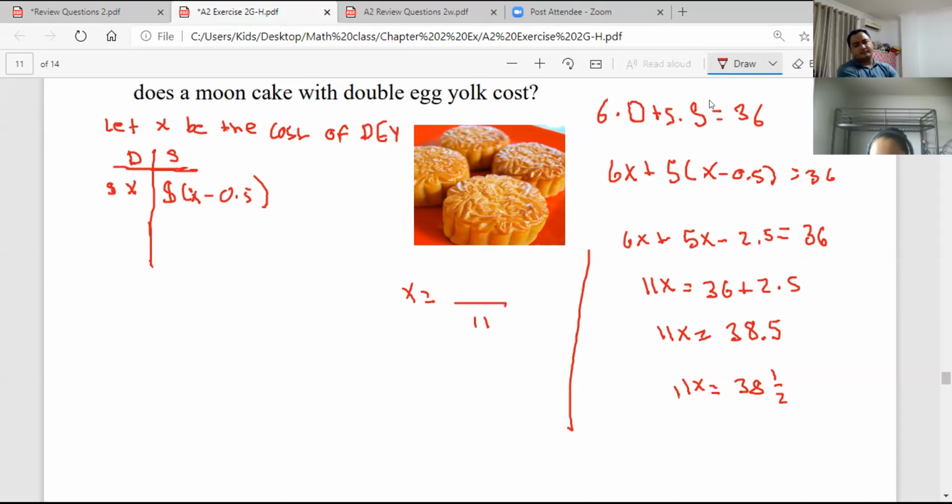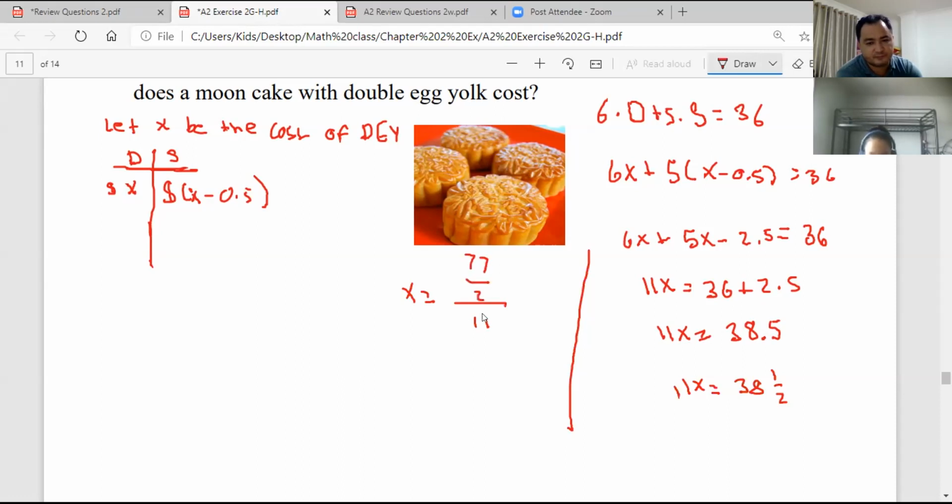So that is 38 times 2, that is 2 times 30 is 60, 2 times 8 is 16, so 60 plus 16 is 76, plus 1, it is 77. 77 over 2.